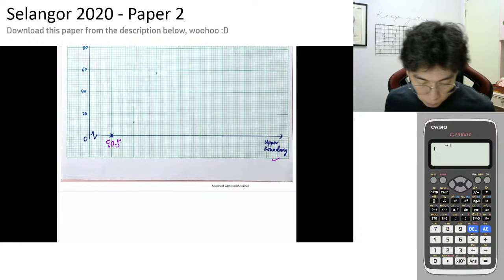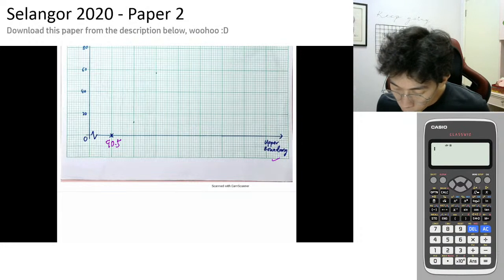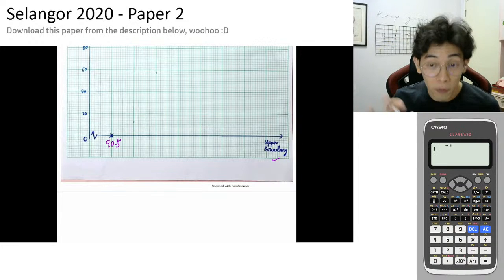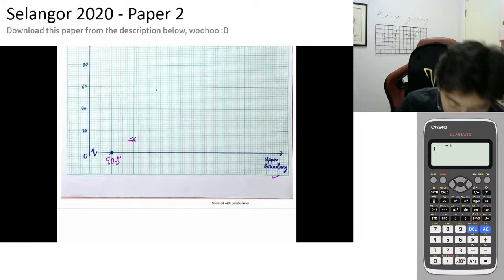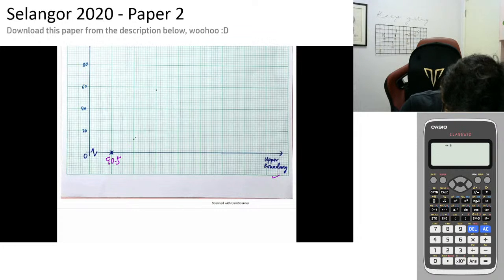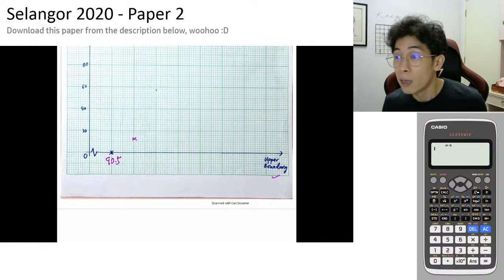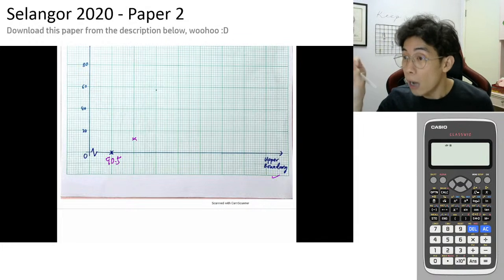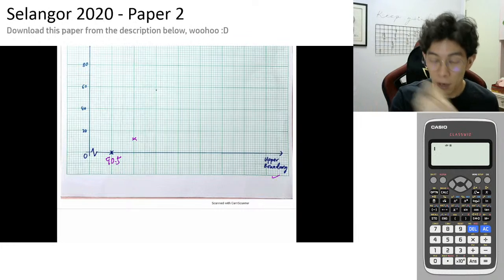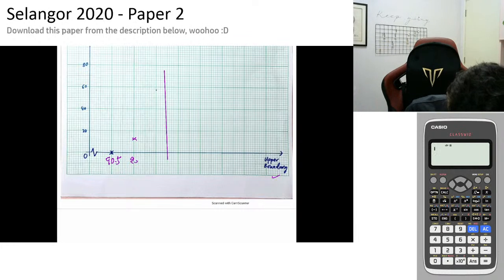Okay, the next one. We have the next cumulative frequency as 12. Can you see I put a small dot there? Remember, in your exam, put a cross. Then your 12 upper boundary shows 95.5.